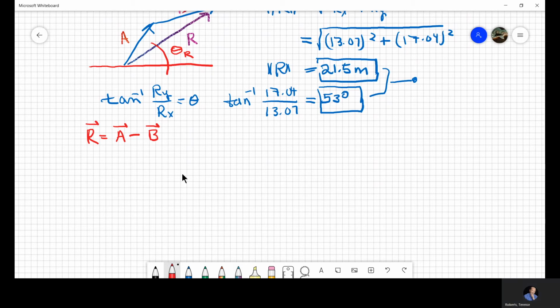Well, first of all, there's no such thing as a negative vector. So what we're going to have to do is rewrite this the right way: A plus negative B, and that's just talking about the direction. So how does that work out? Let's take a look at what we have here.